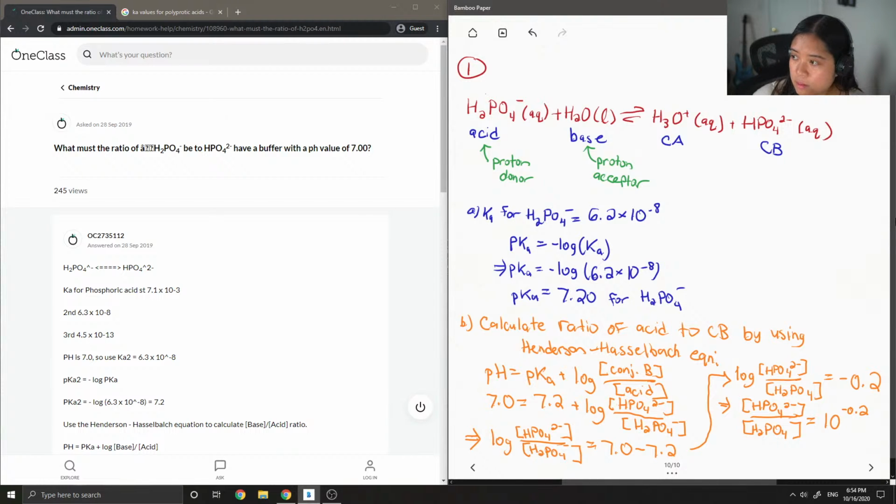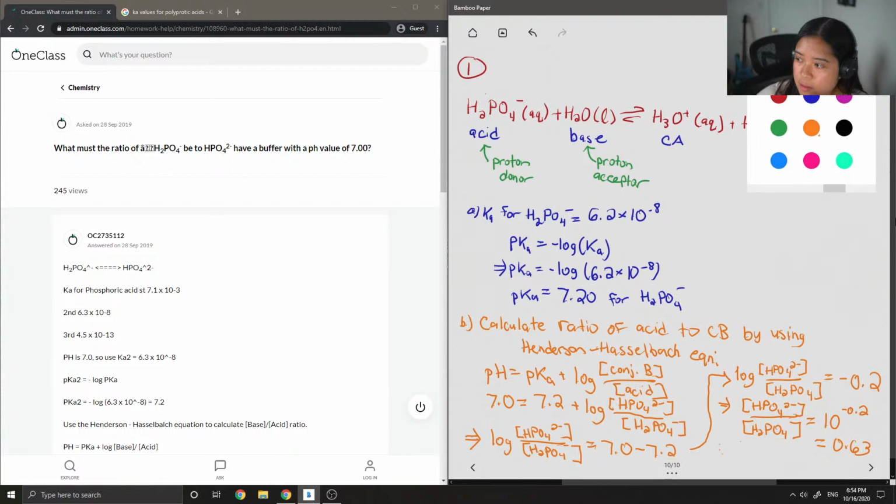So then we end up getting this value as 0.63. But I'm just going to write up here.